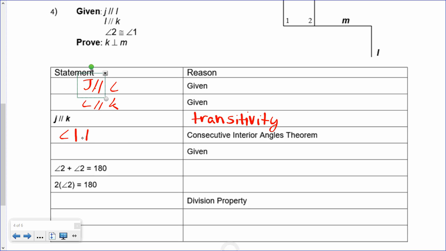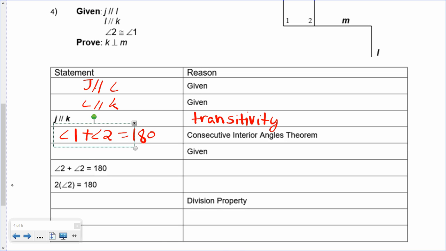So angle 1 plus angle 2 equals 180. Right? They are consecutive interior. So that's the consecutive interior angles theorem, which says because the lines are parallel, those angles are supplementary. Right? So I got that. That was my conclusion from the first set of givens. I can't do anything more from there until I bring more information in.